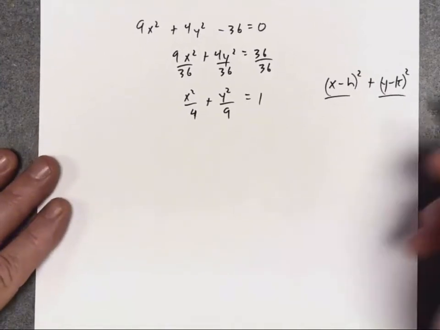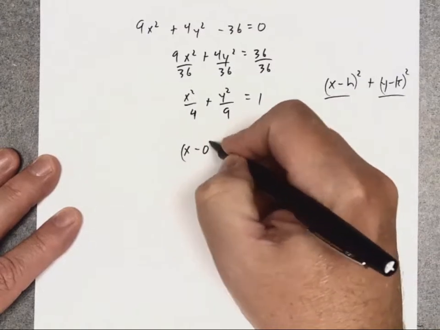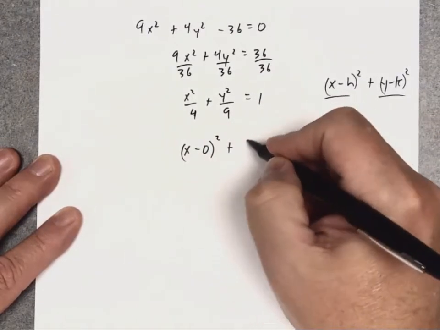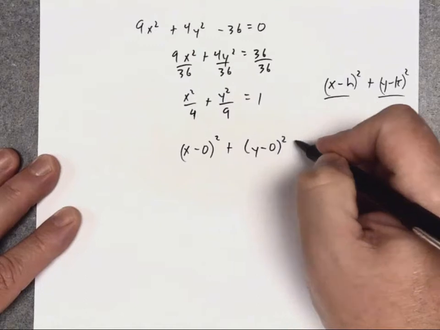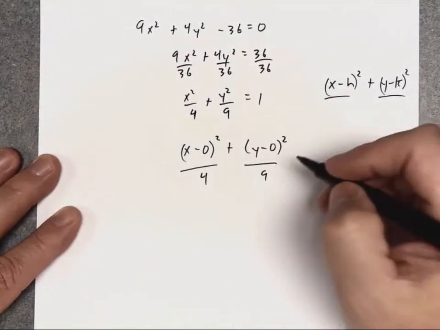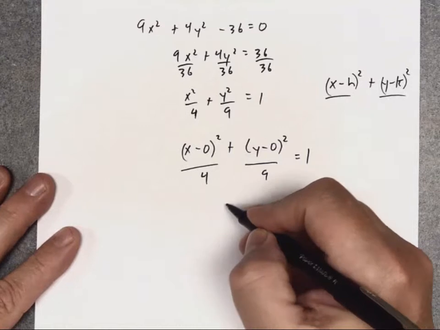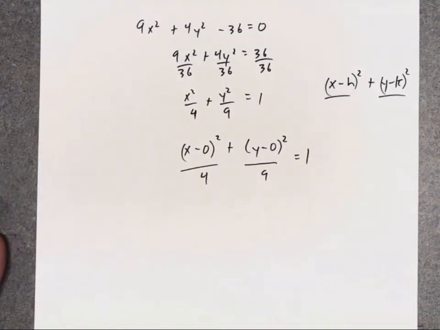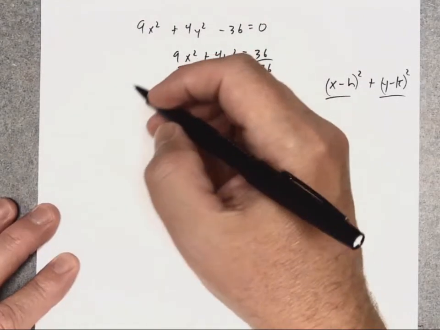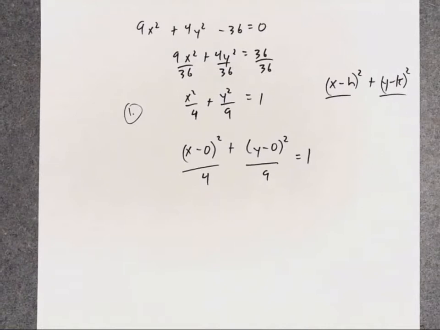Well, once again, it's one of those cases where the h and the k are really 0. You do not need to write it like this. I'm just doing this to make it very obvious what's going on. In other words, the center is going to be 0, 0. But before we do that, as it turns out, this is step 1. This actually is in standard form.